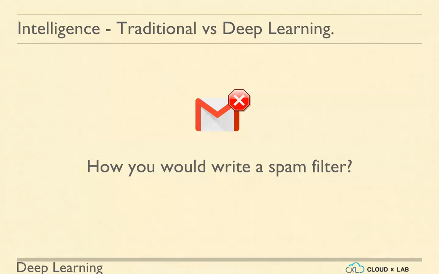I'm using the terms deep learning and machine learning interchangeably because deep learning is a part of machine learning. So let's take an example of the difference between the approaches. One is the classic approach whereby we write code, we write rules, and the other is letting the machine figure it out. How do you write a spam filter?